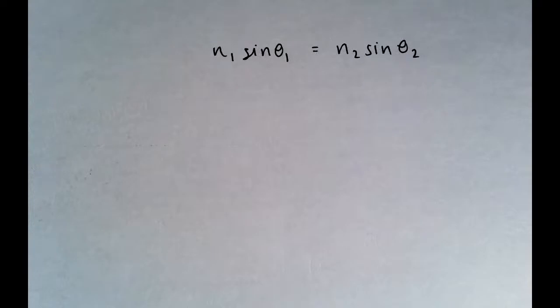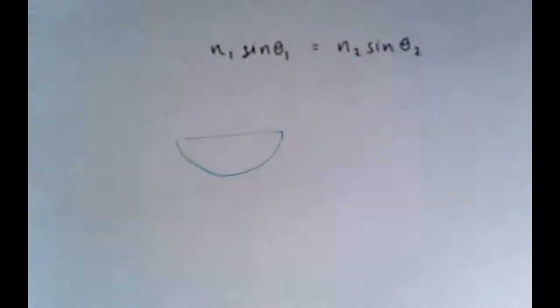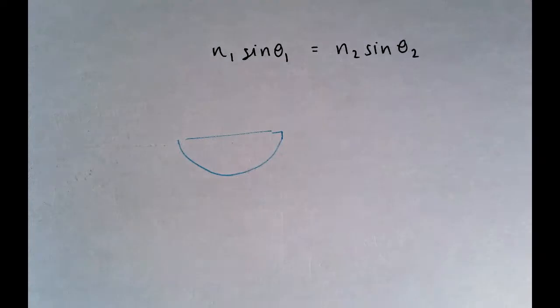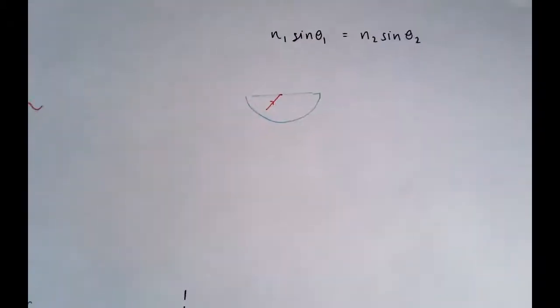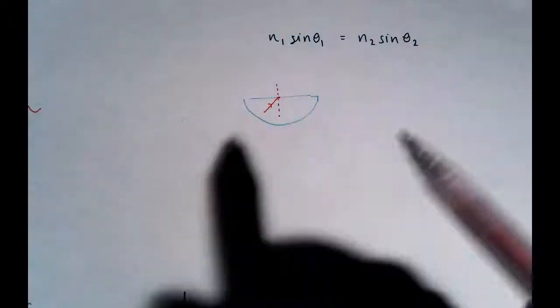Okay, so to do that, we'll just quickly sketch out a critical angle scenario. So here's our glass here. Sorry, it's a bit wobbly, it's not my perfect drawing anymore. We've got light travelling in, here's the normal, into the boundary.